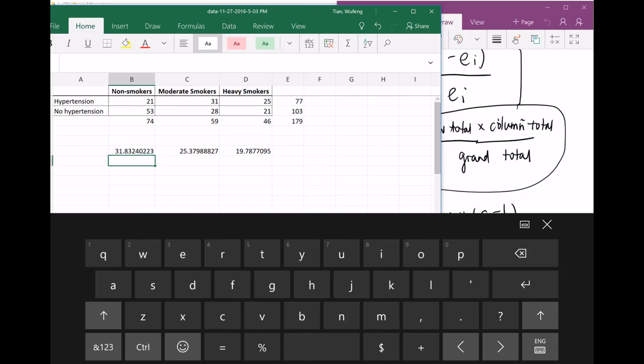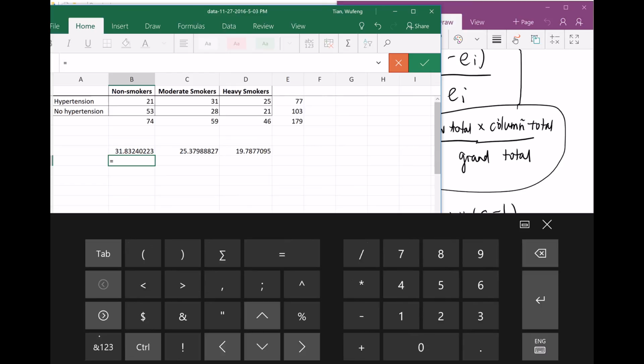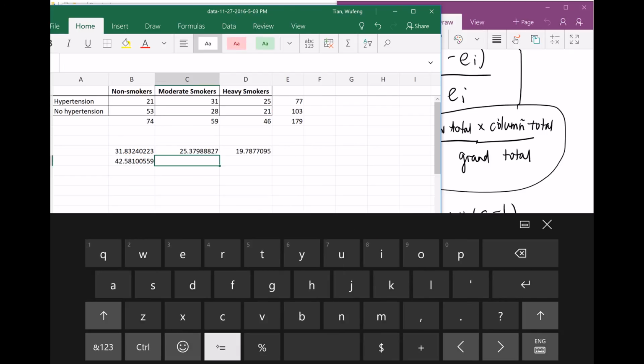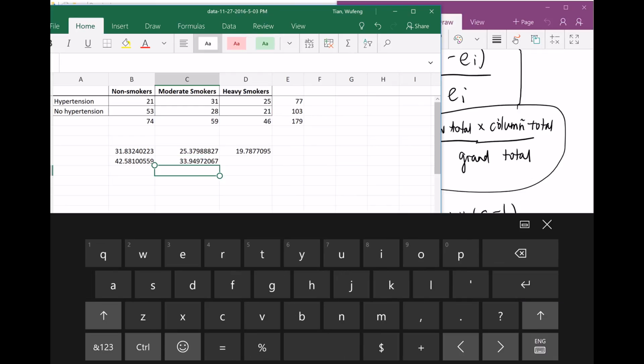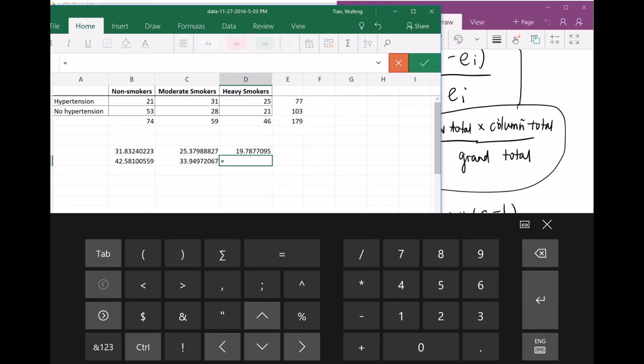So this one equals 74 times row total divided by 179, then 59 multiplied by row total divided by grand total, then 46 times this total divided by this total.